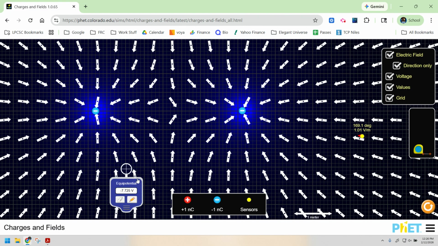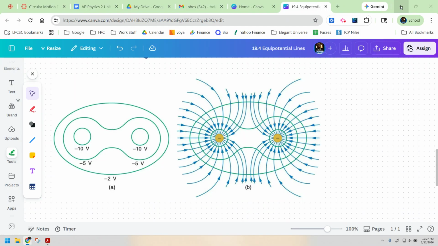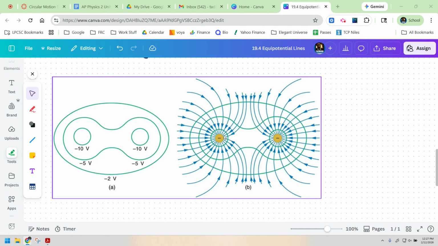But basically, the equipotential lines are a way, what I want you to try to visualize is that these green equipotential lines represent, in other words, the spacing. As you get further away from the charge, it changes the voltage.